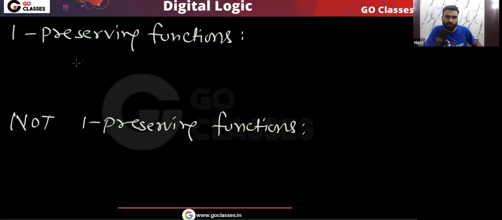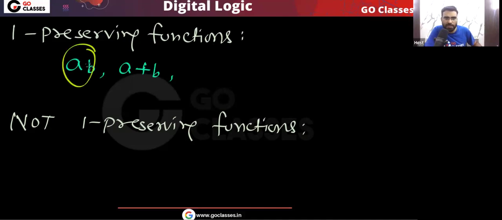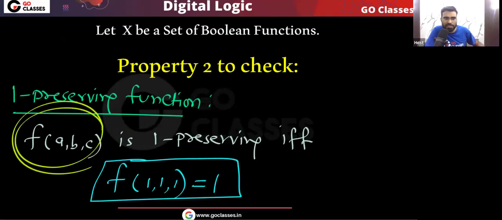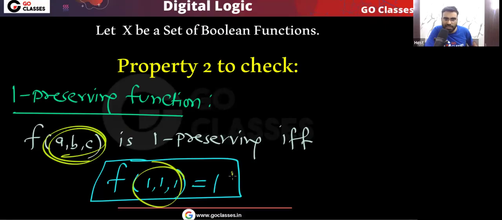One preserving functions, for example: AND is one preserving, OR is one preserving. Yes or no? You can see here, if I replace every variable by one, then the result is one. See the definition of a one preserving function: a function is one preserving if and only if, when I replace every variable by one, the result must be one.